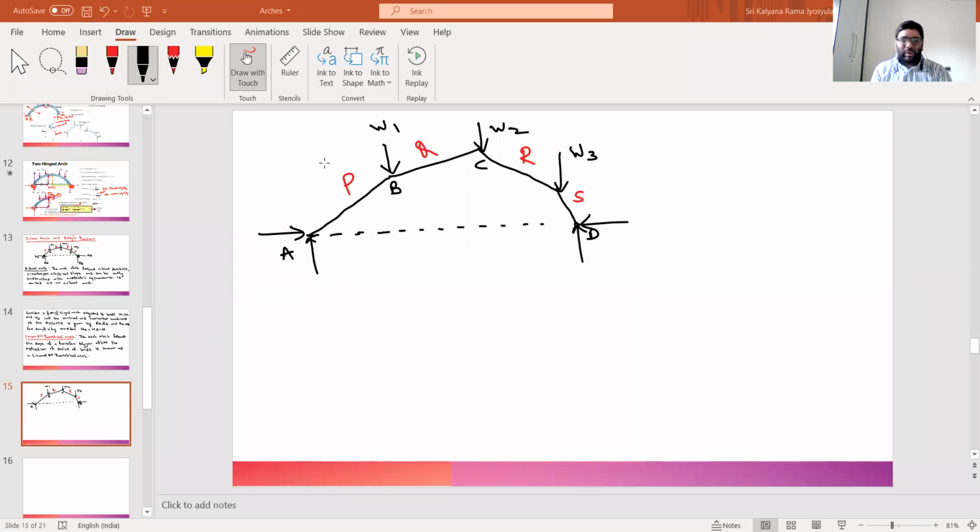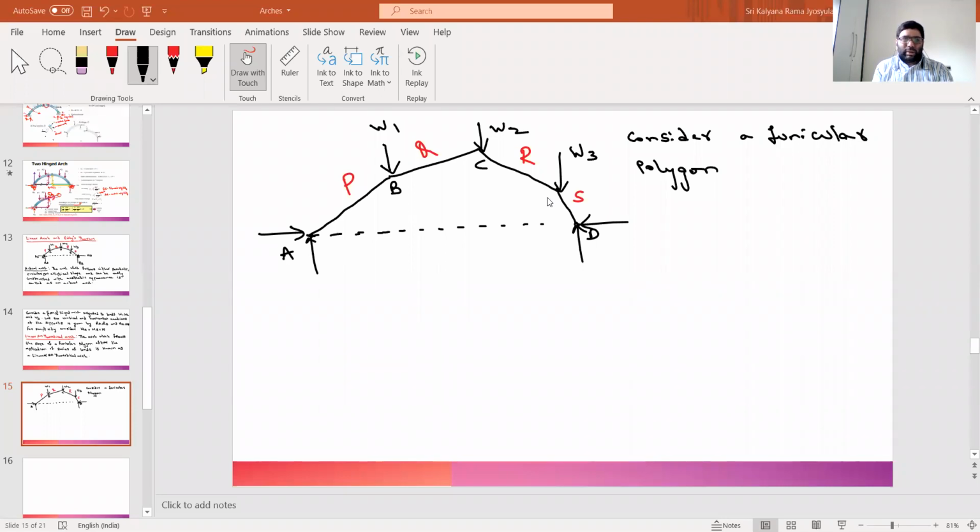So this is actually called a funicular polygon. Now, if you consider this, I'll write it here. Consider a funicular polygon. So what is the total shape?